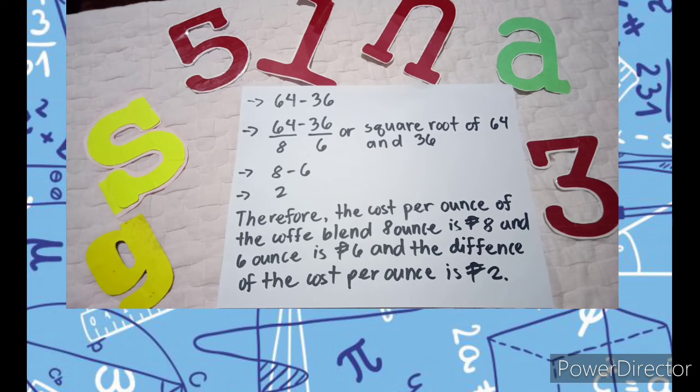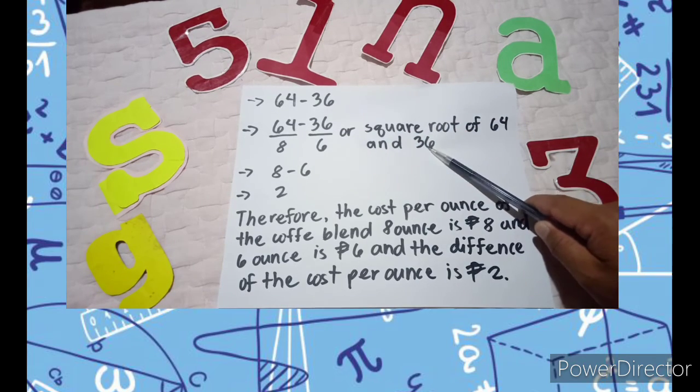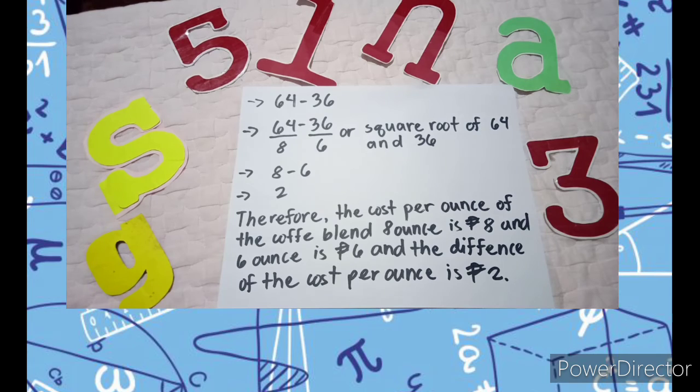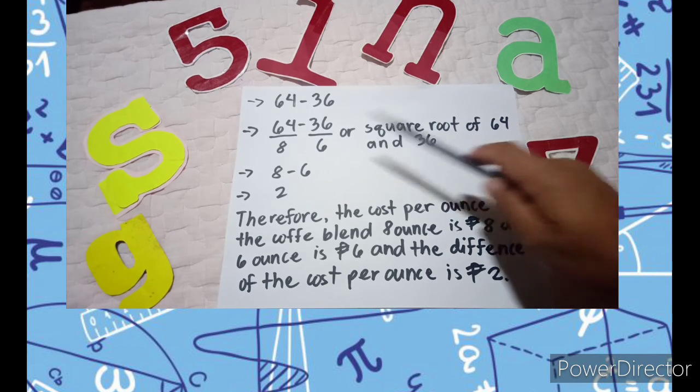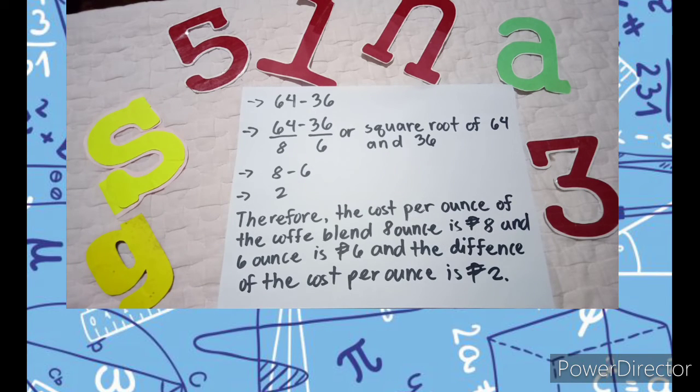Or if we are going to apply our topic for today, just find the square root of 64 and 36. Either way, we get the cost per ounce, which is 8 for 8 ounce and 6 for 6 ounce.